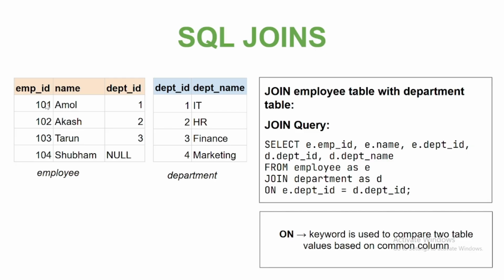This 101 Amol with department ID 1 will come, and then from the department table, department ID and department name will come with 1 and IT, because for department ID 1, the department name is IT. Then for Akash, department ID is 2, and the department is HR. So in the same way it will combine the rows. And this on keyword is used to compare two tables' values based on the common column, guys.